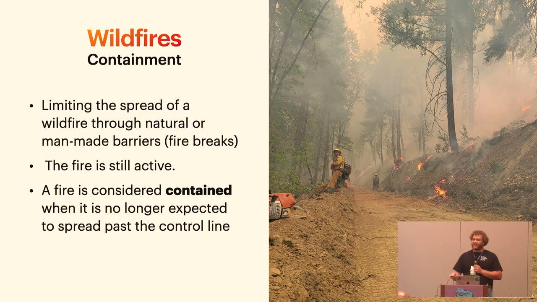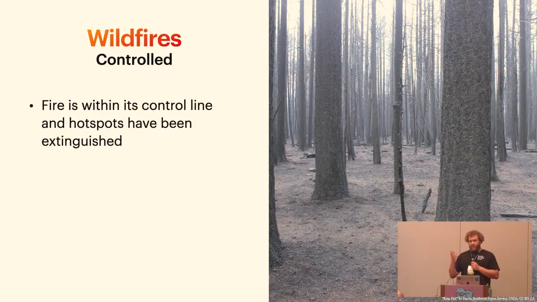But containment is not that the fire is out, right? The fire is still active. A fire can be contained and still active. That just means that we have this area now that we don't expect the fire to spread outside of. But if we want to talk about a fire being out, sometimes you might hear "out, but controlled."